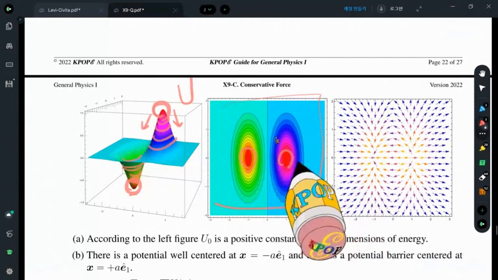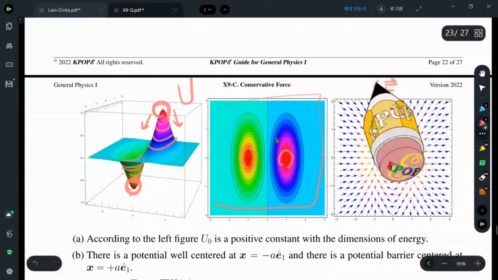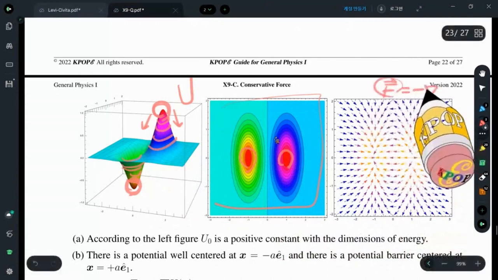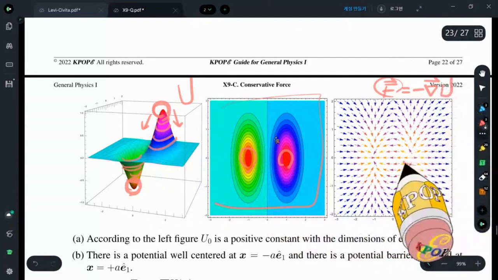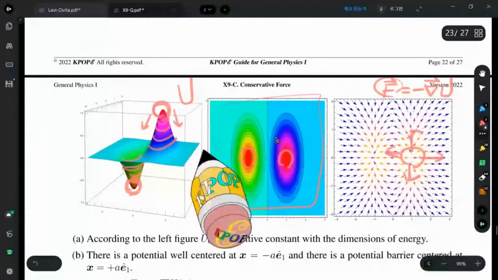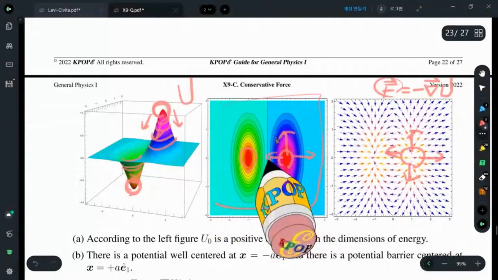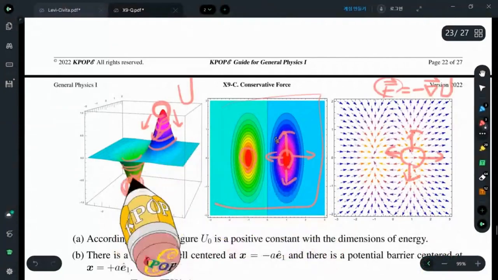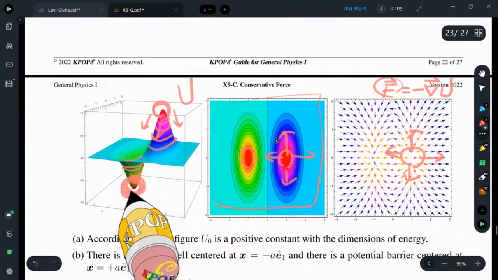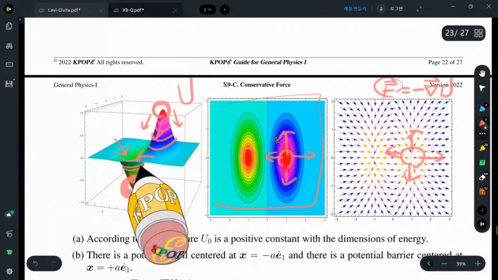So you will find that the field of force, that is minus the gradient of potential, tends to radiate from this peak. And then because there is a minimum point, force is toward this direction.